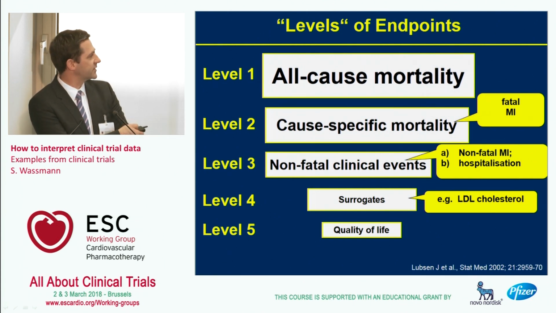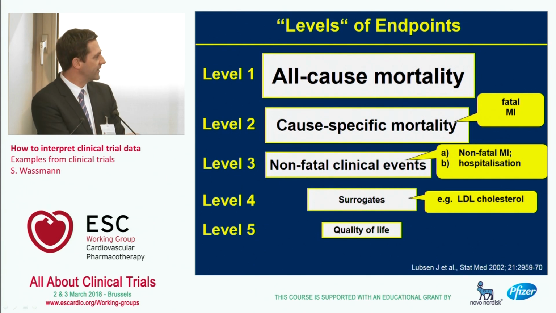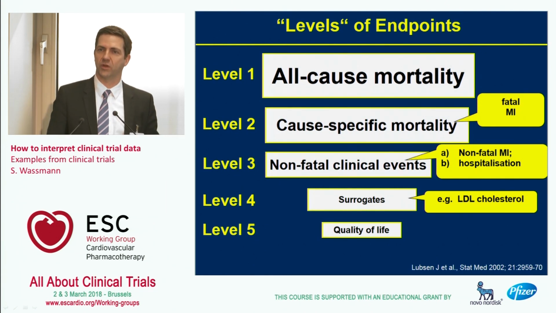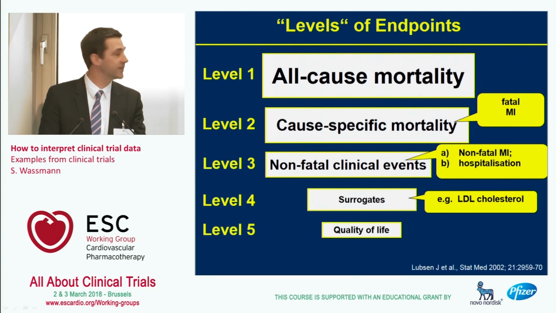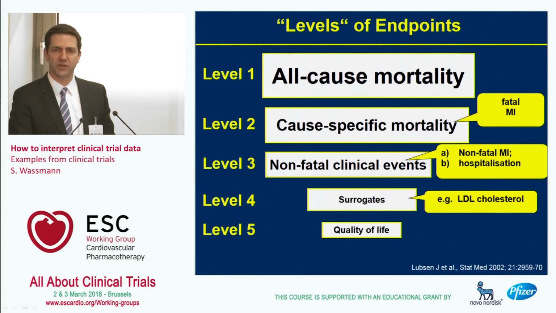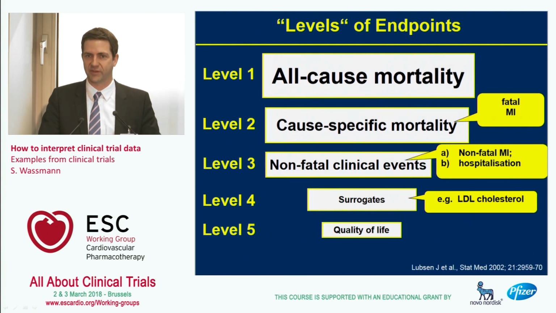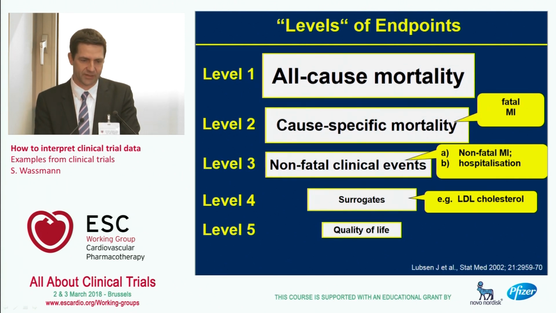And then there are surrogates, LDL cholesterol, HbA1c, whatever you want to take. And we always have to be careful with that. Then there's quality of life. I'm not sure if it should be that low. I think quality of life is quite an important thing. I think it should be higher. But this is important: this is just a surrogate. And we know that not all drugs that lower LDL cholesterol actually lower events, right? Let's take niacin, for example, nicotinic acid and stuff like this.